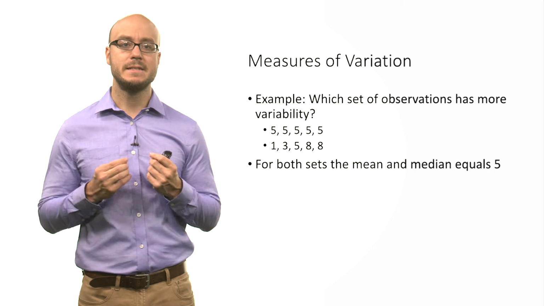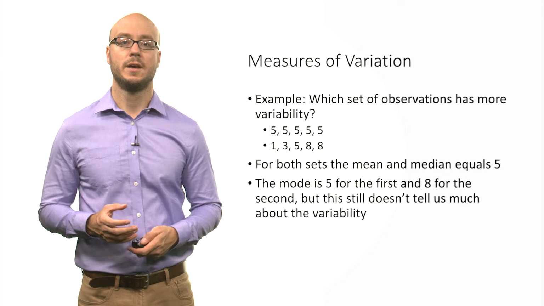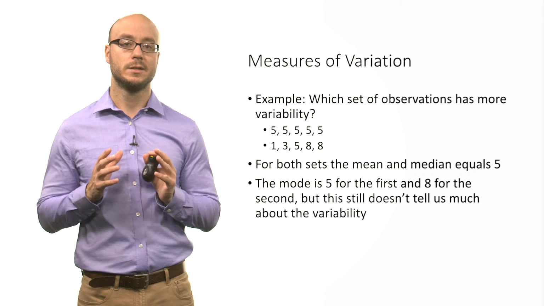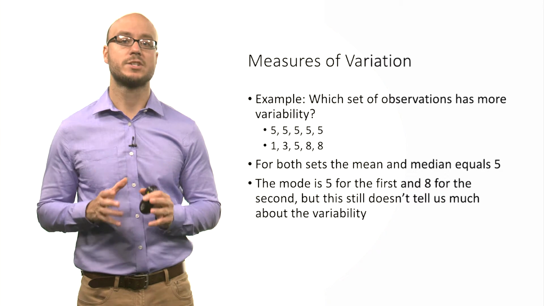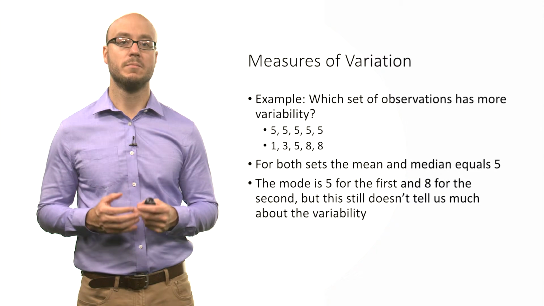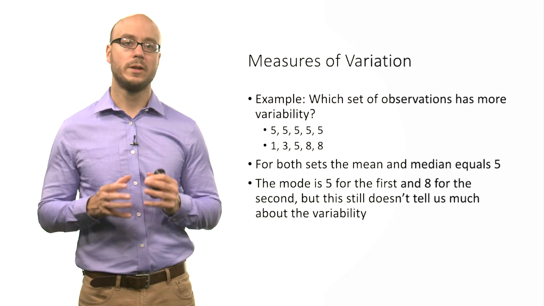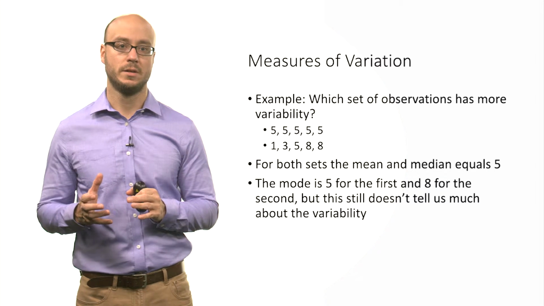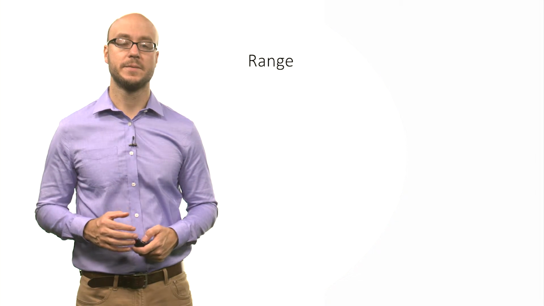And so for that, we need different measures. The mode differs slightly, but it still doesn't tell us much about the variability. For the second data set, the mode is 8, and for the first data set, the mode is 5. So we really want to think about measures of variation as separate from measures of central tendency.